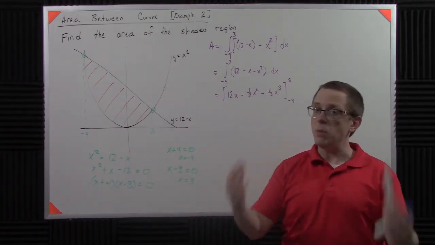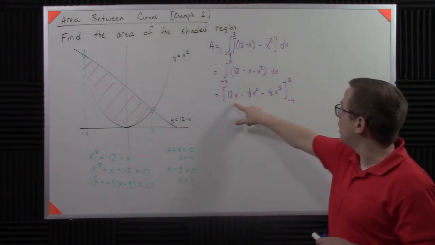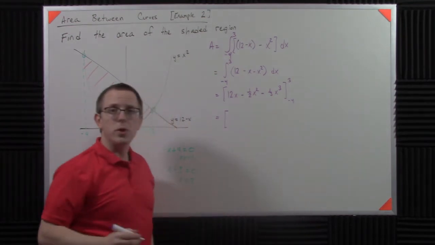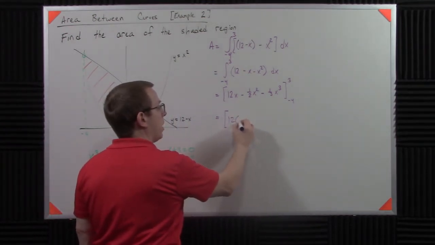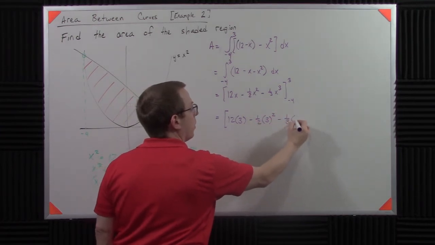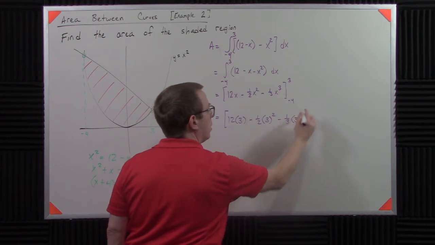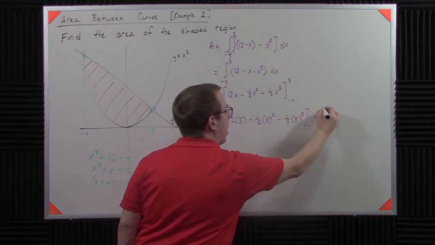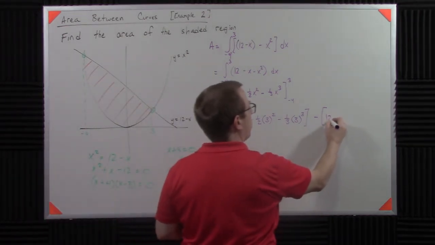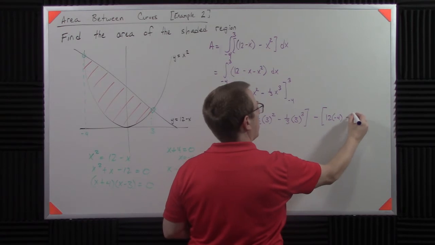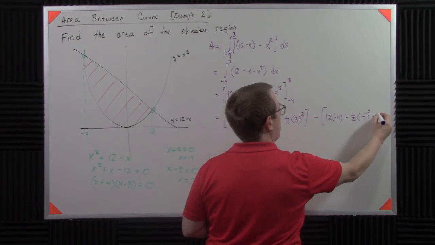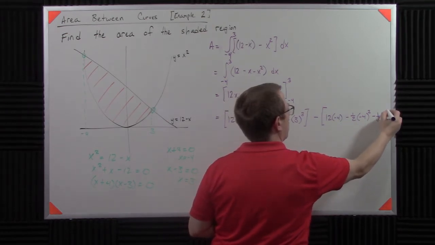Okay, so now we need to keep on going. From there, we plug in the case where x equals 3. That is 12 times 3 minus 1/2 times 3 squared minus 1/3 times 3 cubed, minus, now we do the case where x is equal to negative 4: 12 times negative 4 minus 1/2 negative 4 squared minus 1/3 negative 4 cubed.